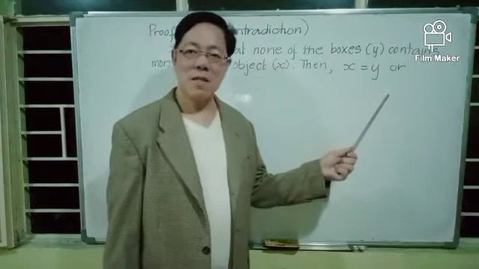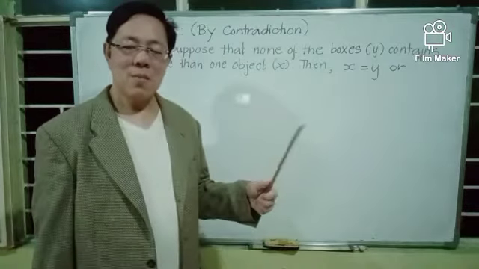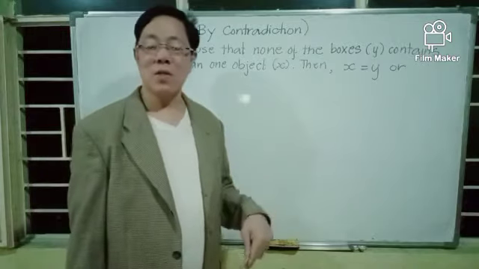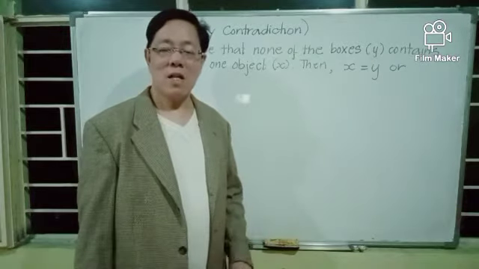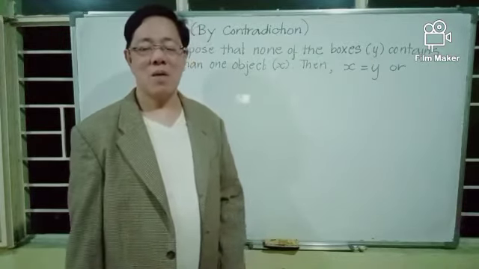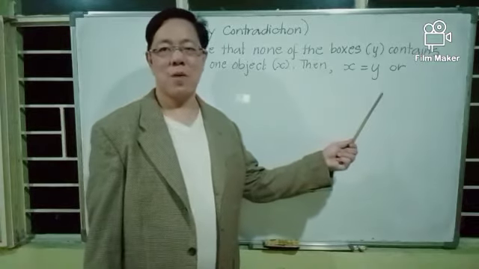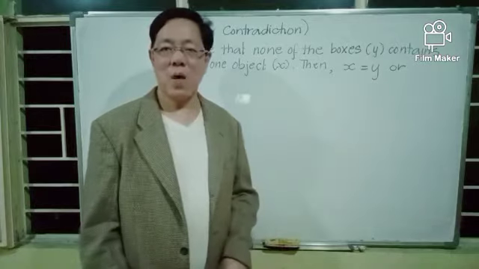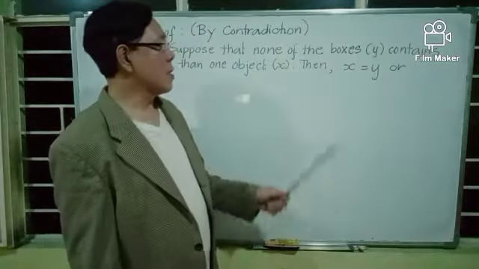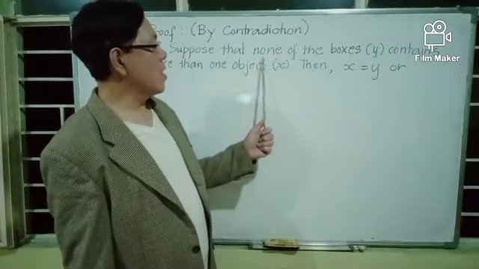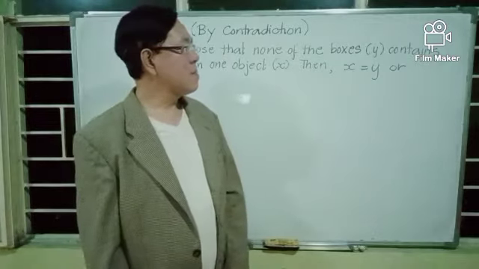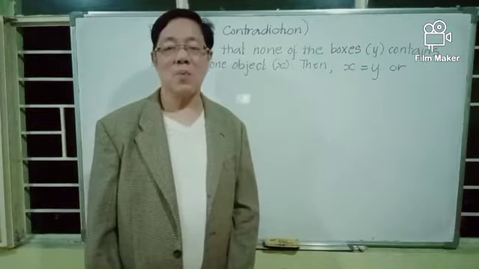And in this case, if none of the boxes will contain more than one object, exactly one object will be placed in one box because the number of objects is equal to the number of boxes. And that's just one possibility where none of the boxes contains more than one object.